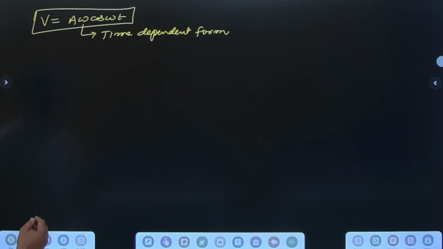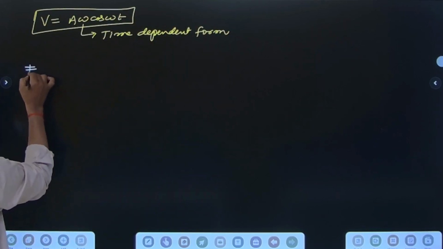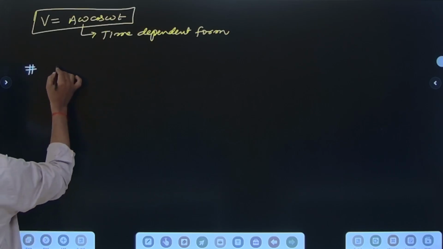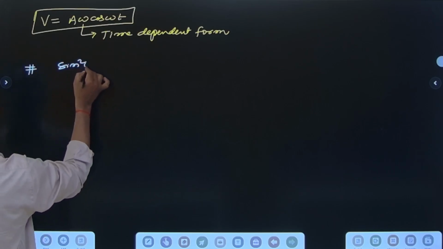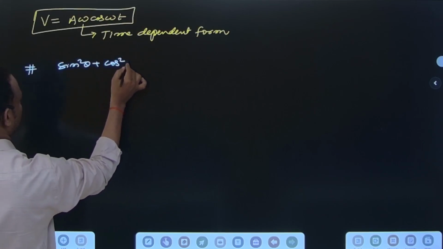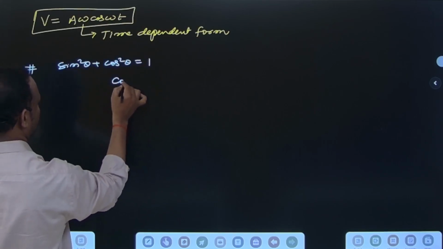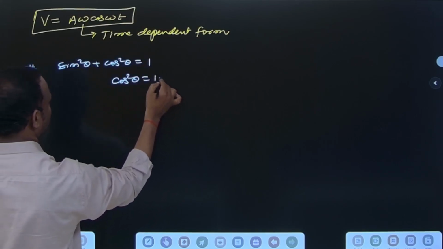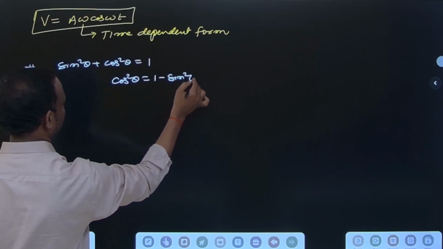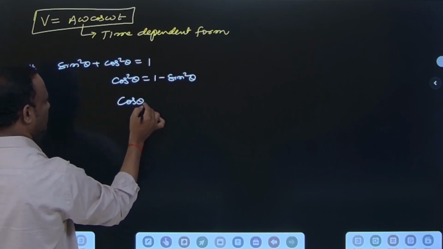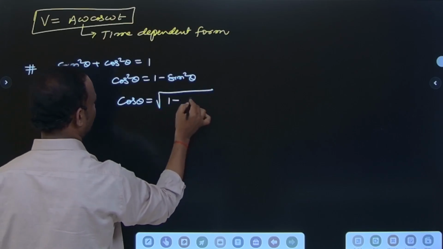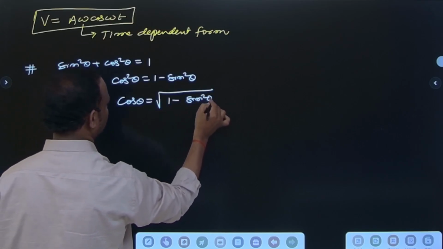For the position dependent, if I want to discuss the position dependent form, then what do you say? Sin square theta plus cos square theta is equal to 1. Cos square theta is equal to 1 minus sin square theta. Cos theta is equal to under root of 1 minus sin square theta.